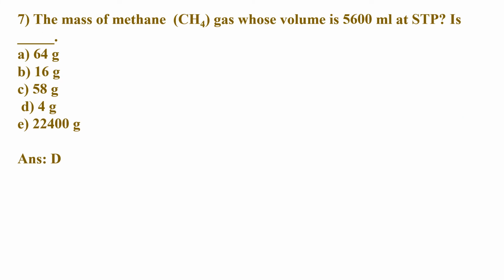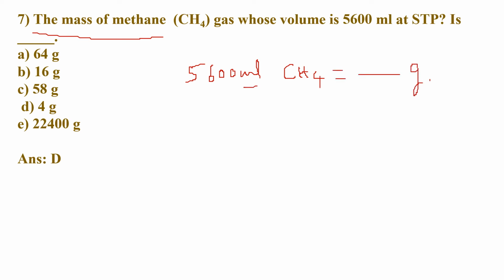That is the mass of methane. It is asking how many grams 5,600 ml of methane gas occupies. Here the given information is in ml, so you have to take 22,400 ml. Generally, any gas like methane occupies its respective molecular weight, 12 plus 4, where 12 is carbon and 4 is hydrogen, that is 16 grams.